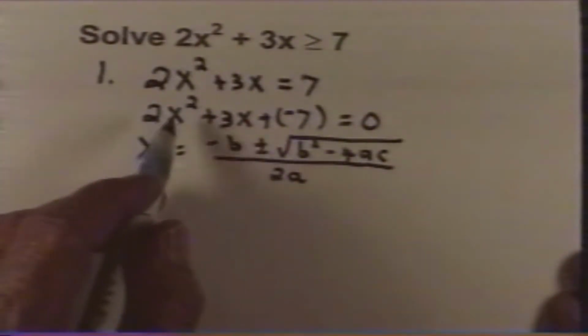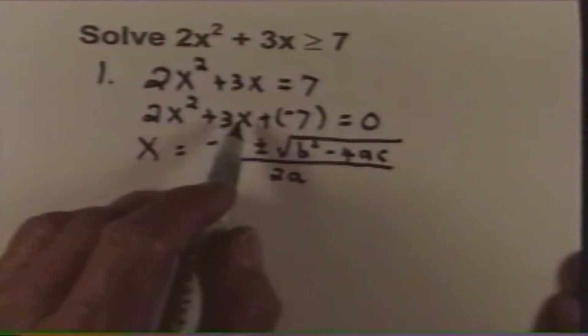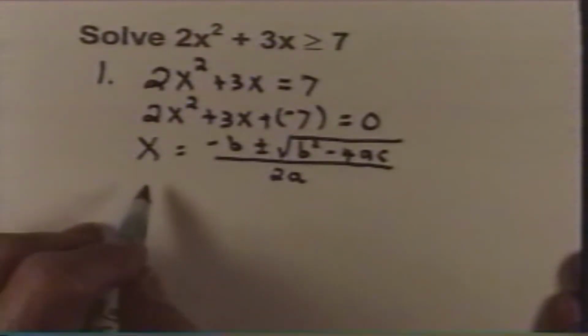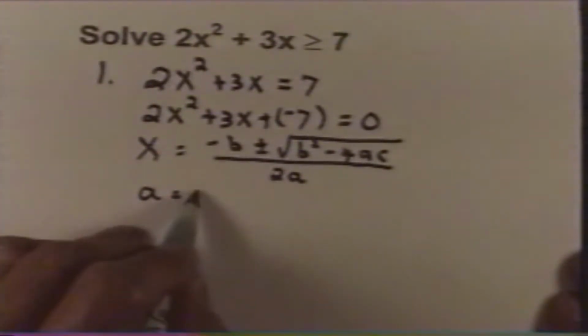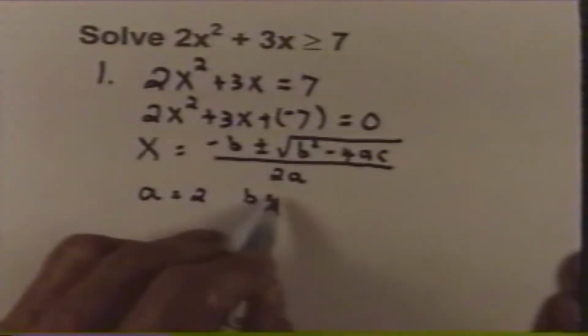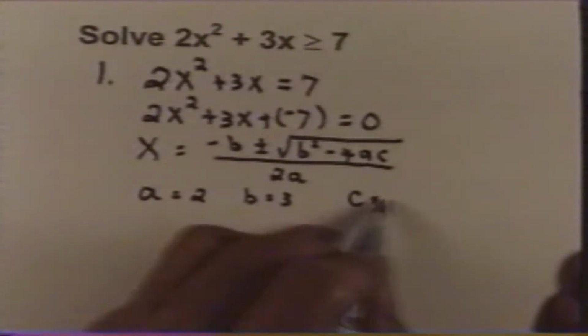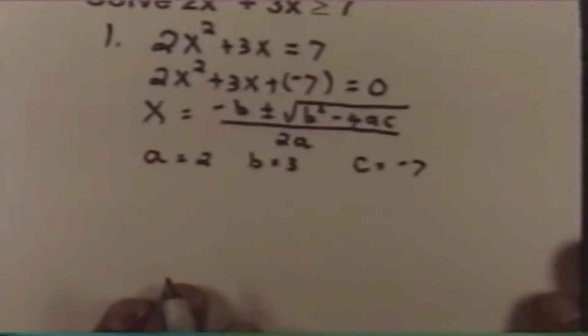Now, of course, a is the coefficient of x squared, b is the coefficient of x, and c is the constant. So reading off, I can see that a is 2, b is 3, and c is negative 7.